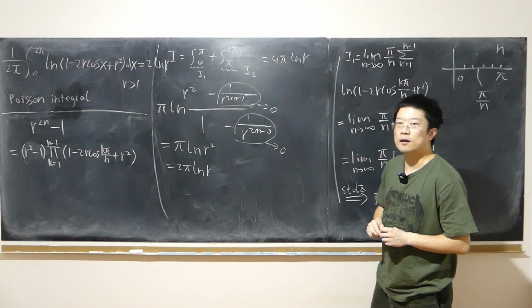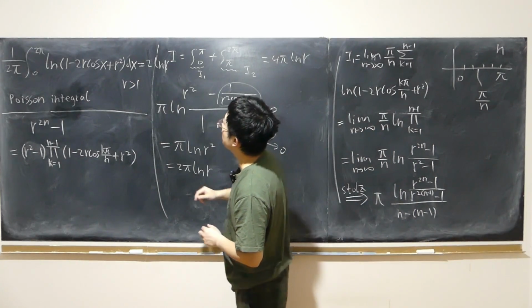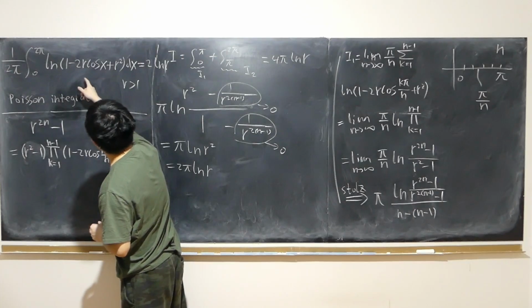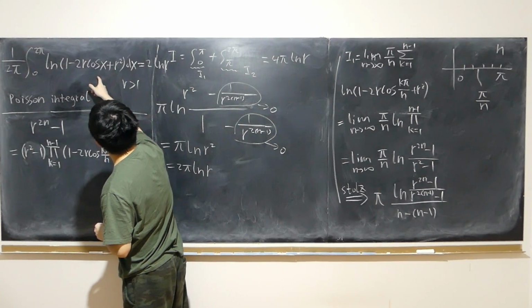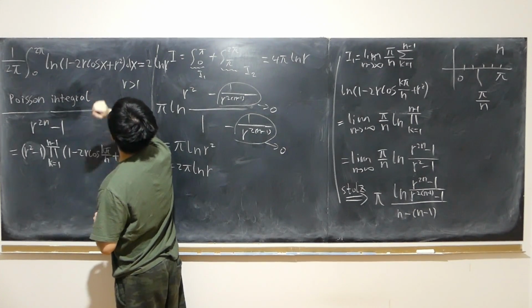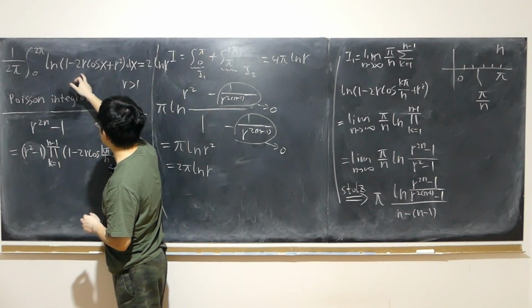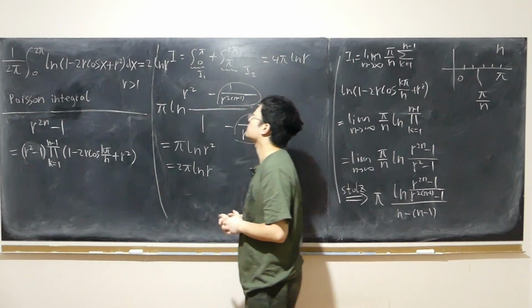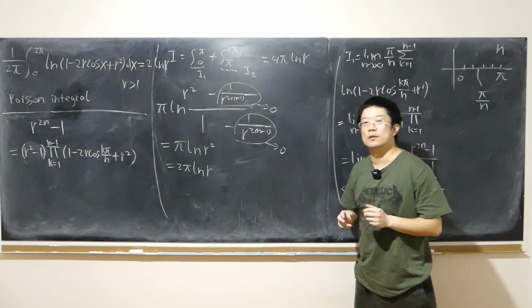If r is equal to 1, we have log of 1 minus 2 times cosine x plus 1, so 2 minus 2 times cosine x. I think that's also doable.